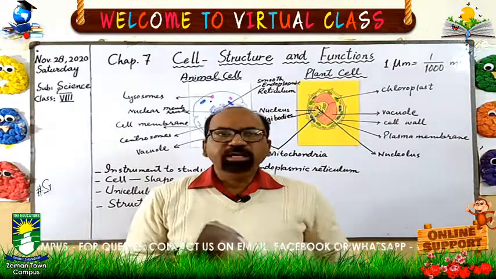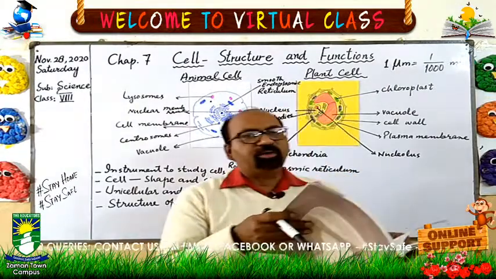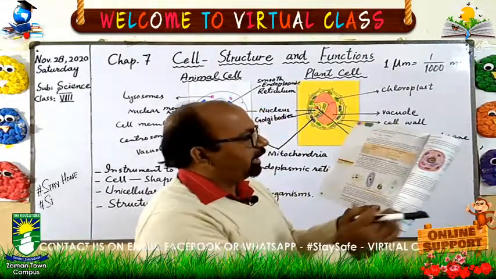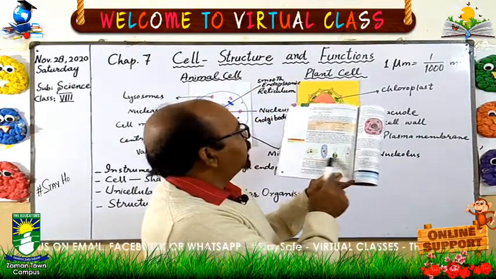Not only amoeba, a lot of other microorganisms are present in your book: amoeba, paramecium, chlamydomonas and euglena.